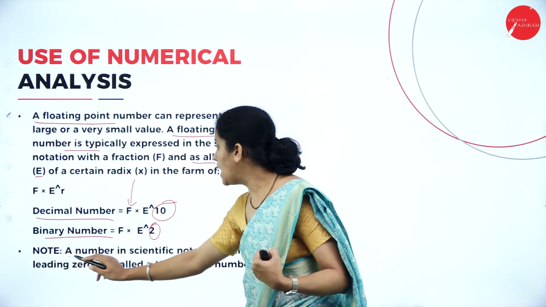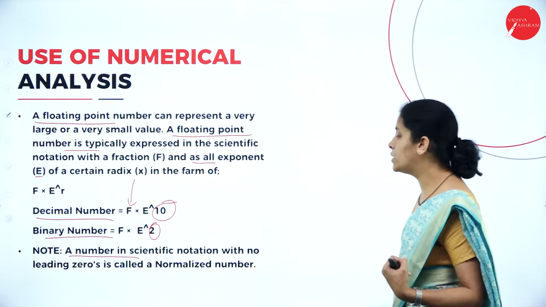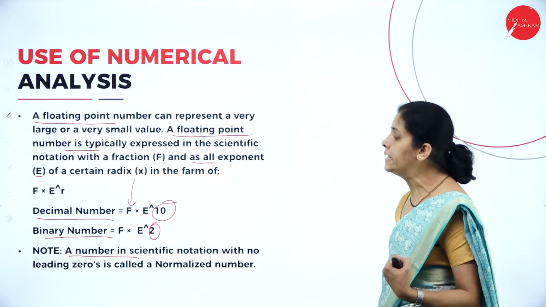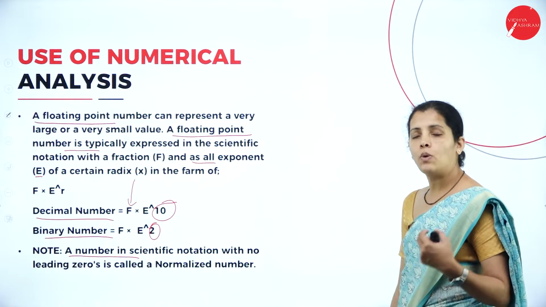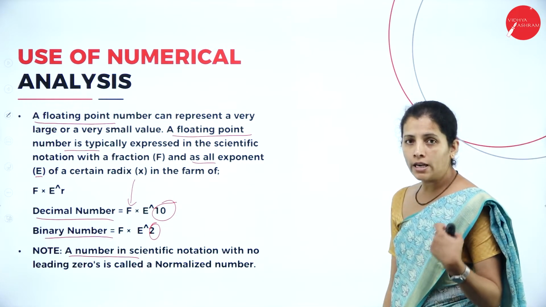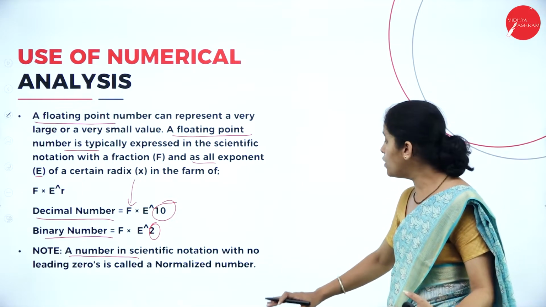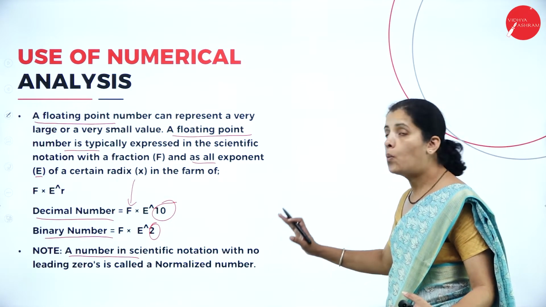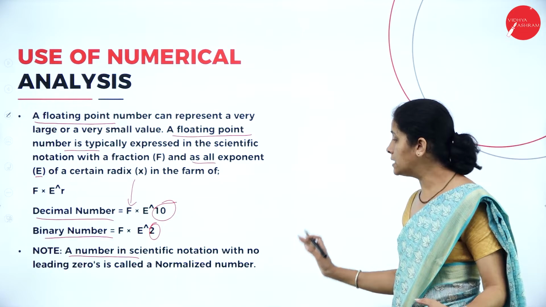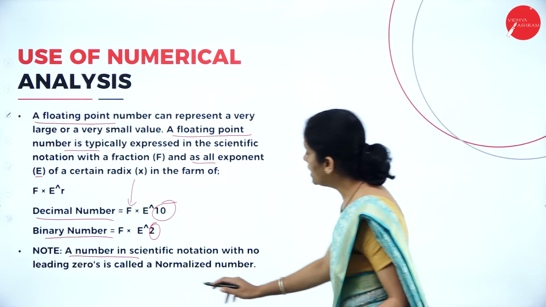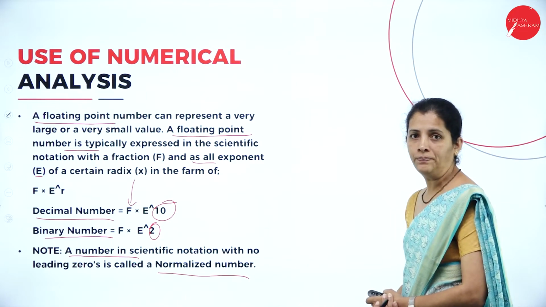So, a number in scientific notation with no leading zero, that means whatever floating point number I have, if it does not start with the value 0, then it is termed a normalized number.